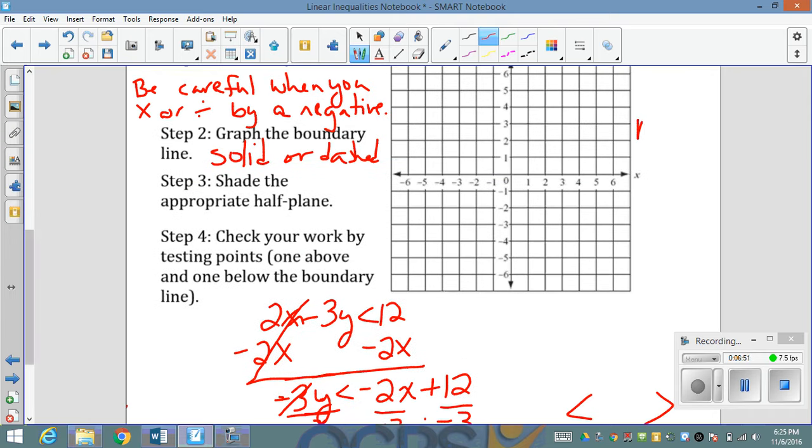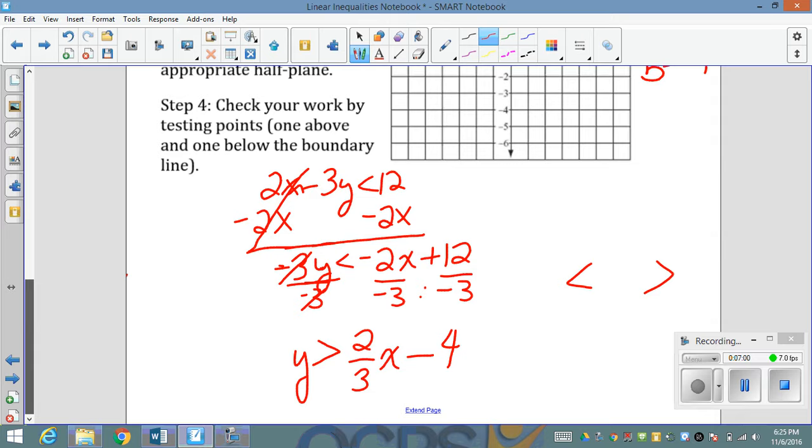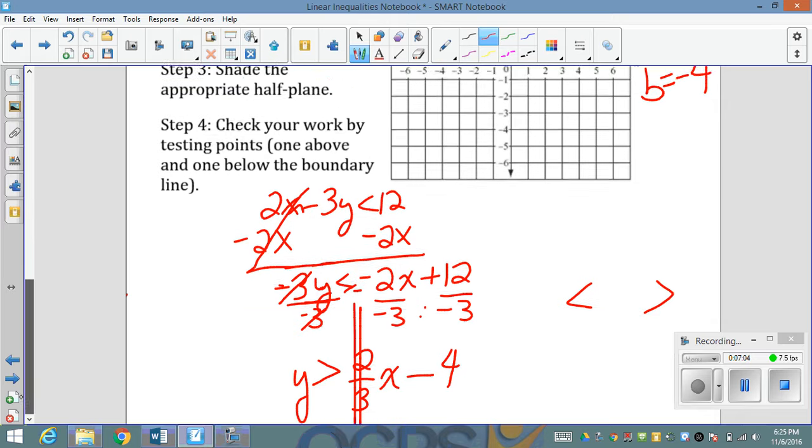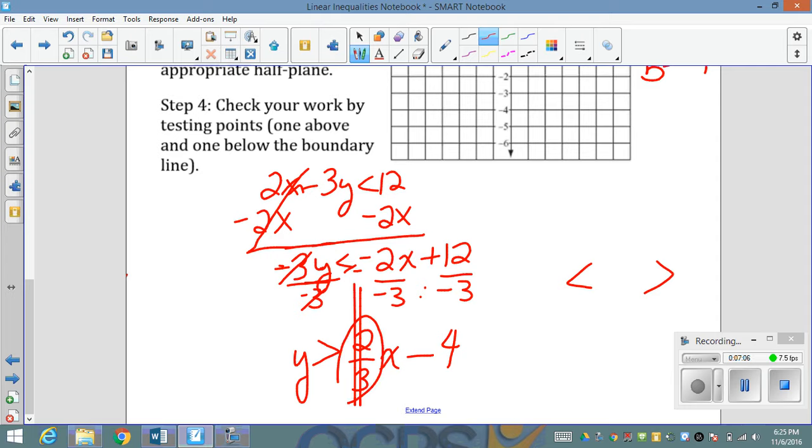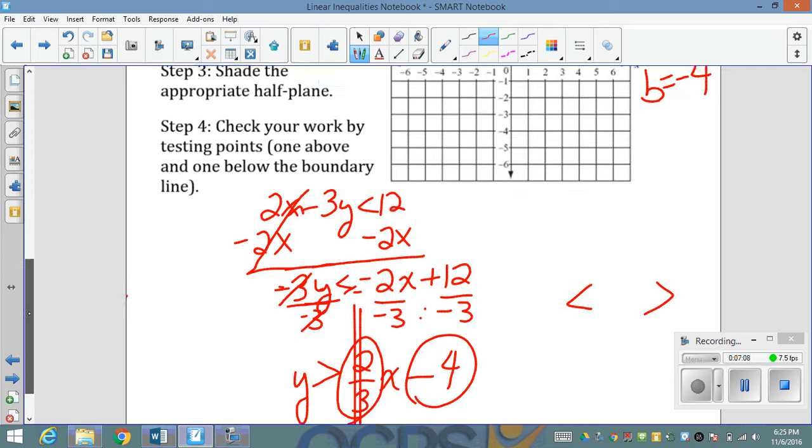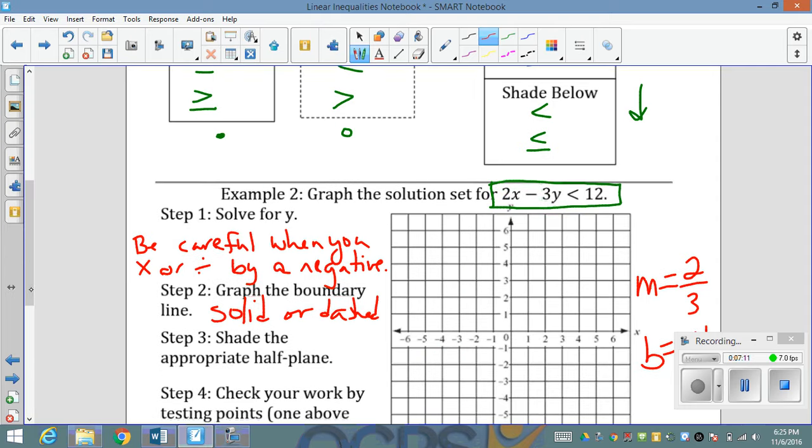So my slope is 2/3. My y-intercept is -4. So I plot my y-intercept at -4, and then count out my slope.